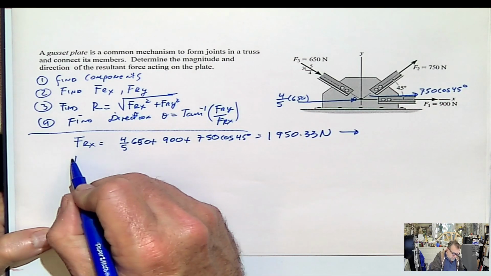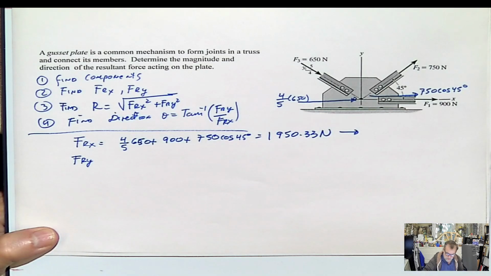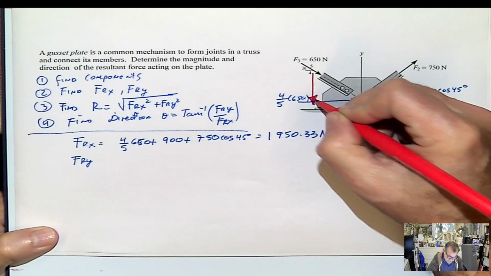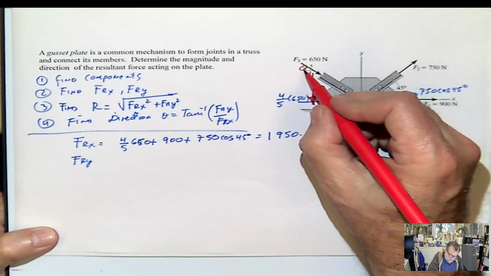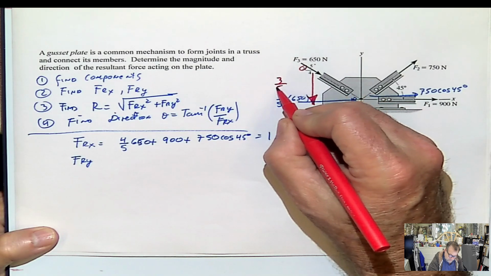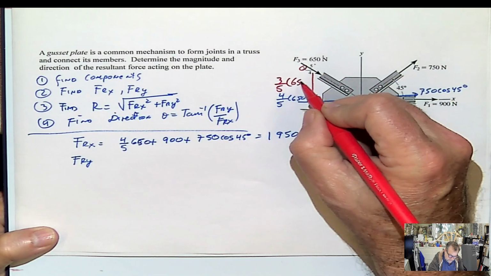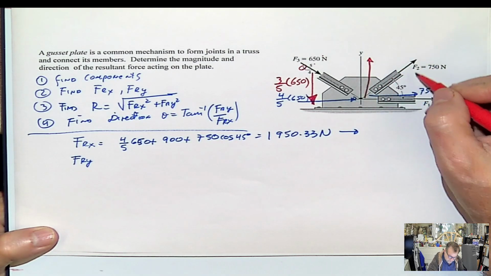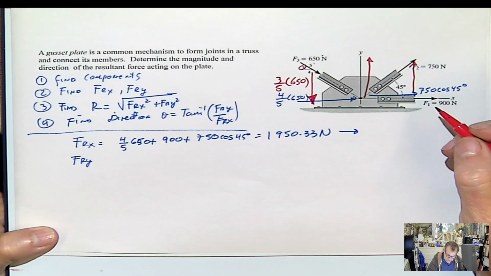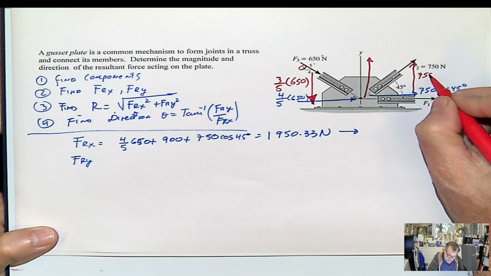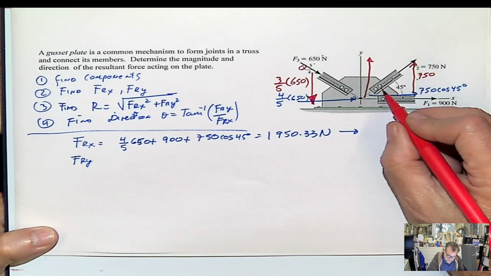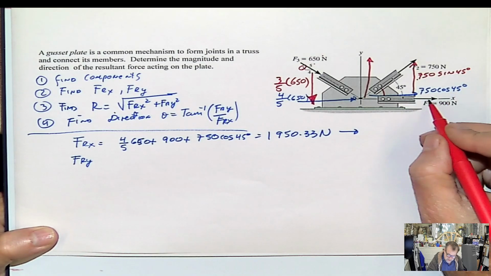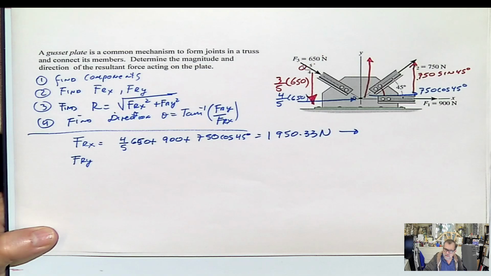Now we do the summation in the y direction. What do we have in the y direction? We have this component, and it's 3 over 5 multiplied by 650. Now we have the component of this one, which is 750. It's opposite to the 45, so it's going to be sine 45, and this one doesn't have any component in that direction.